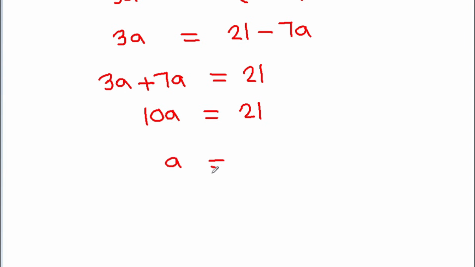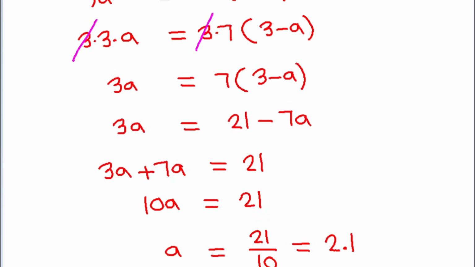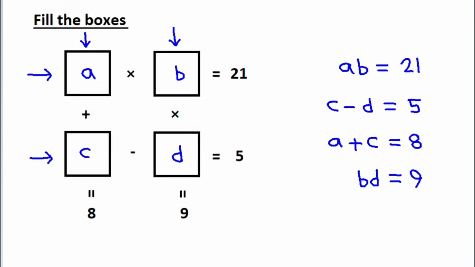So A will be 21 divided by 10, that will be 2.1. And now we get A is 2.1.